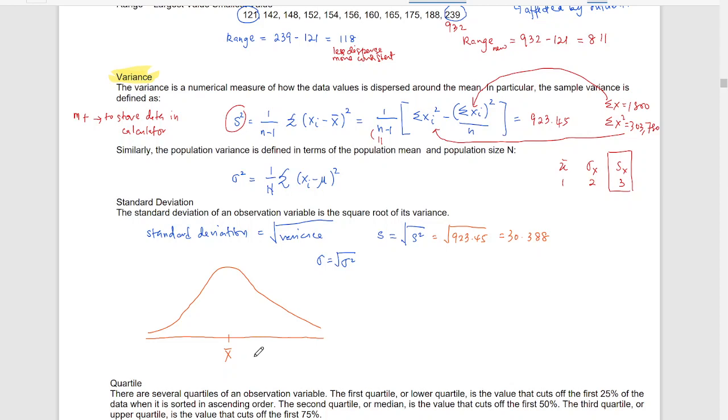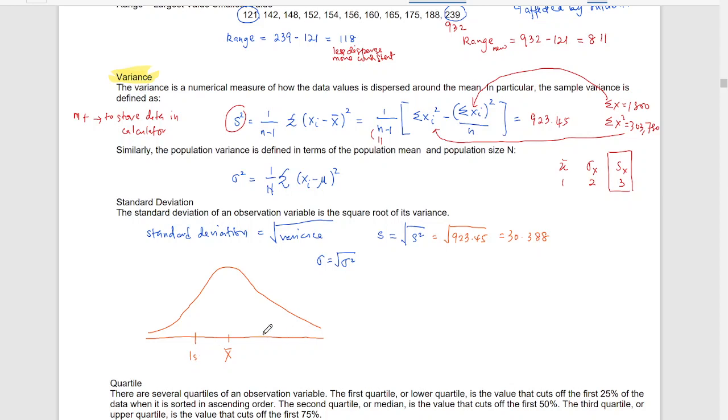It says here, if you have within one standard deviation, so within one standard deviation is that from the mean, you have a distance of one standard deviation to the left and to the right. So suppose that you have here, this is 1 S or 1 sigma.